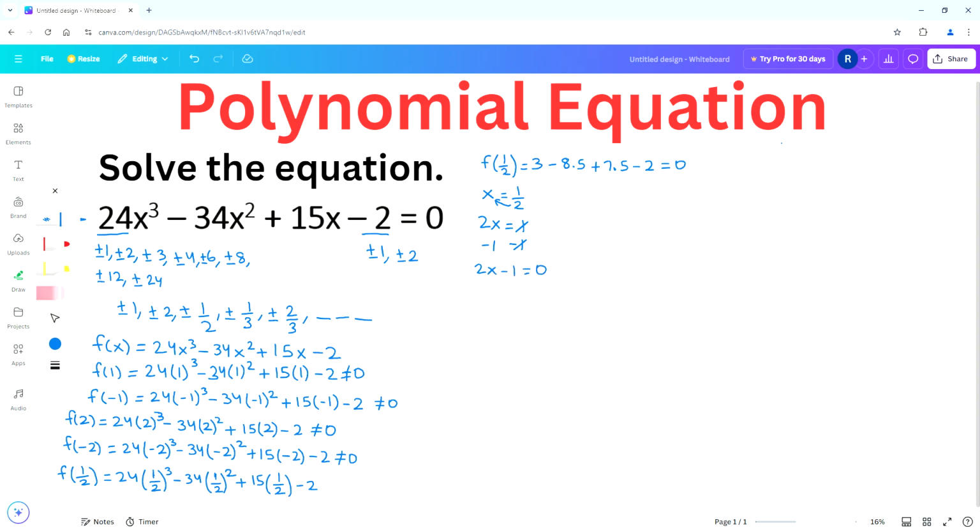The binomial factor is 2x minus 1. Next, we should divide the cubic polynomial by this factor to find the quotient for this polynomial division. We can use long division. We start by writing the given cubic polynomial as the dividend.